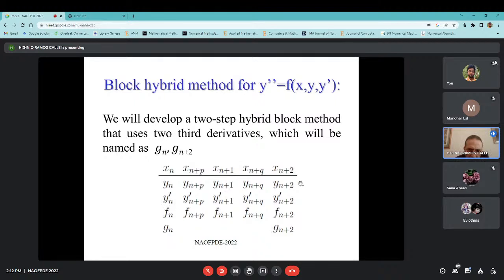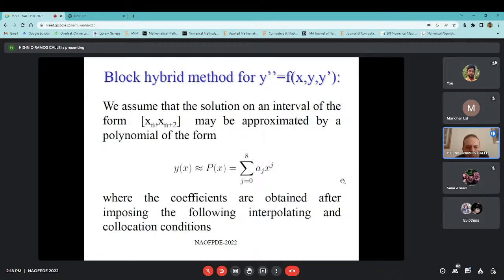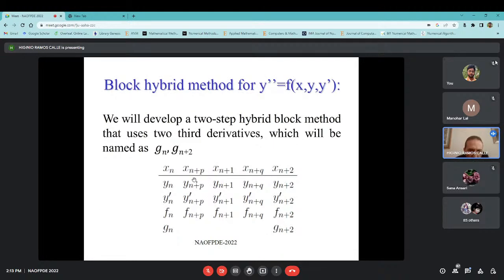So in this case, we consider a two-step block method and intermediate values. You see here what the intermediate values are. And we are going also to take values of the third derivatives, so the first derivative of f, according to the problem we have. In this case, the unknowns are those, and the pieces of information we have to formulate the method are the rest.